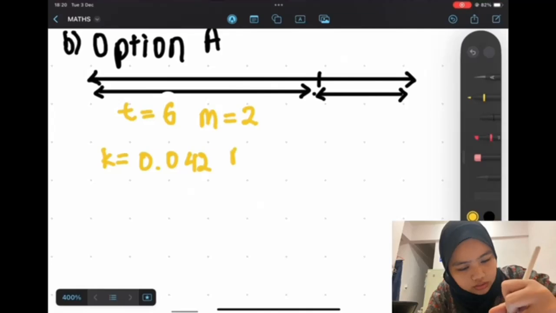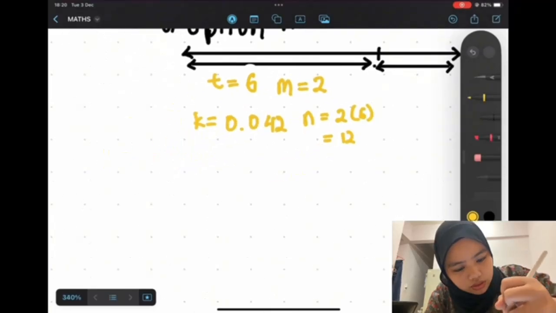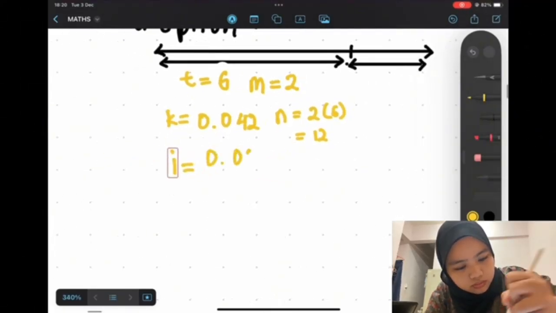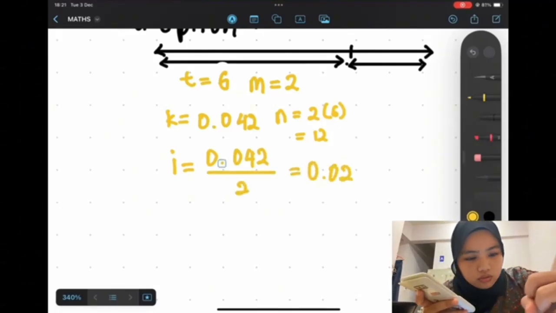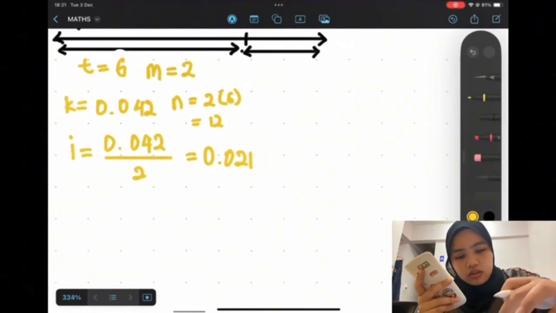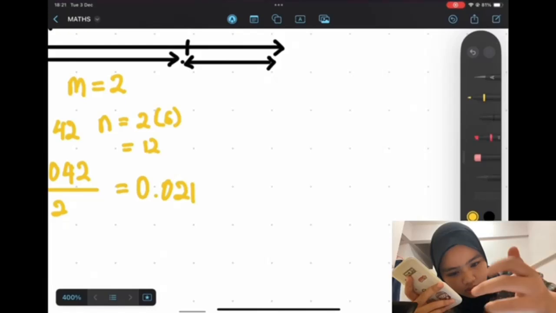For the N, it is 2 times 6 equals 12. For the I, K over M, 0.042 over 2 equals 0.021. So this is for the first 6 years.